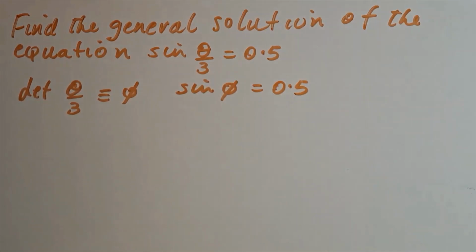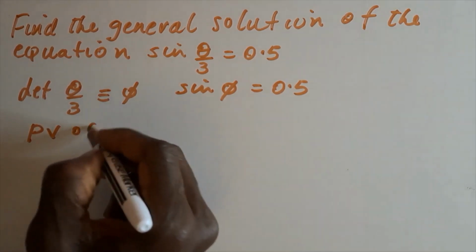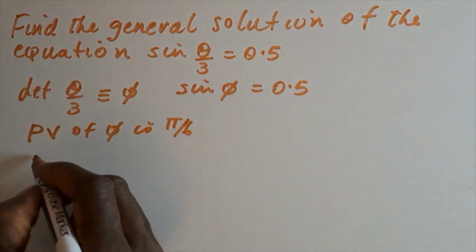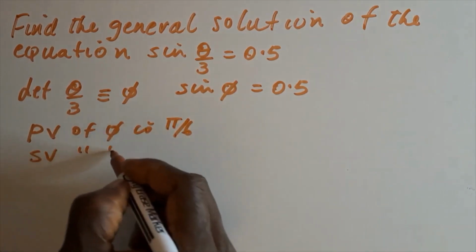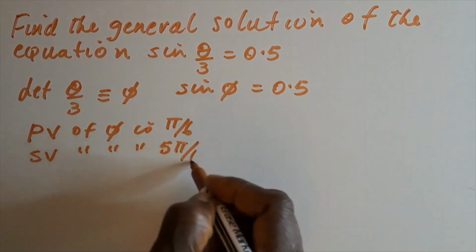Now, that angle phi, which is the sine inverse of 0.5, is pi over 6. So our principal value of phi is pi over 6, and the secondary value is 5 pi over 6.